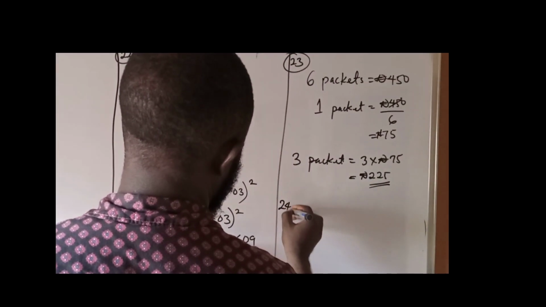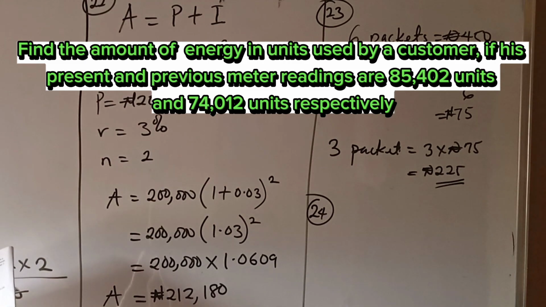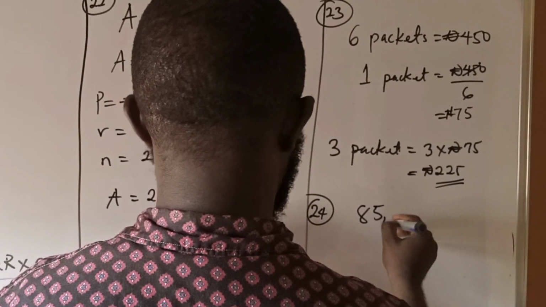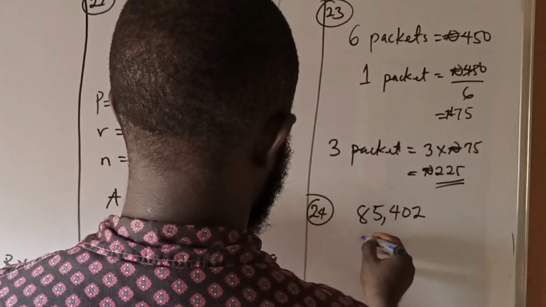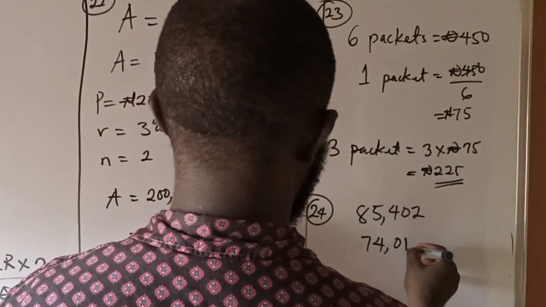Then 24. Find the amount of energy in units used by a customer if his present and previous meter readings are this. So the present reading is 85,402 units, while the previous one is 74,012 units.